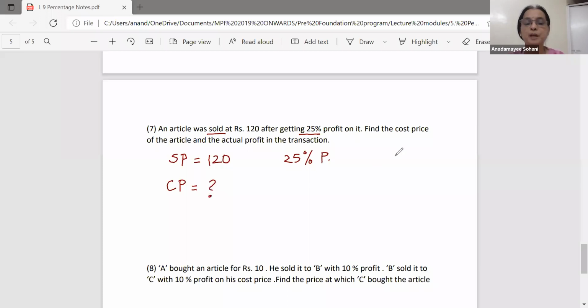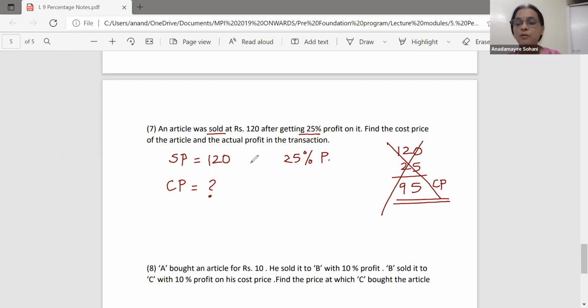Now, if I'm going to subtract 25 from 120, I will get 95, which is wrong. 95 as the cost price is wrong.